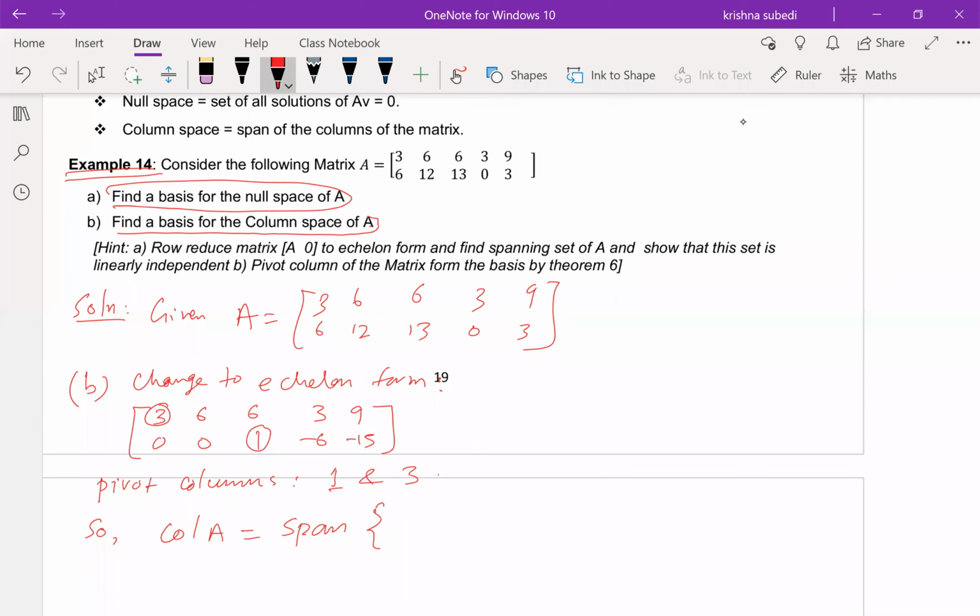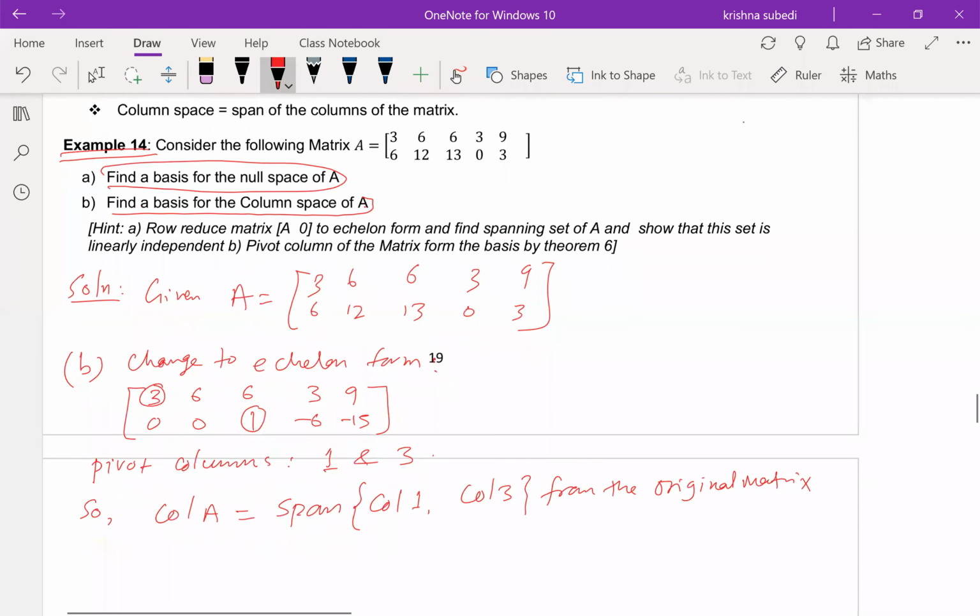So the pivot columns are 1 and 3, so the column space of A is the span of column 1 and column 3 from the original matrix, not from the echelon form.